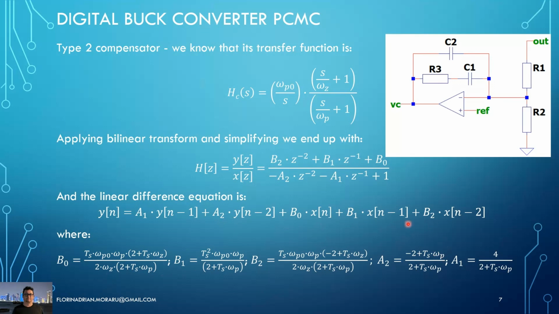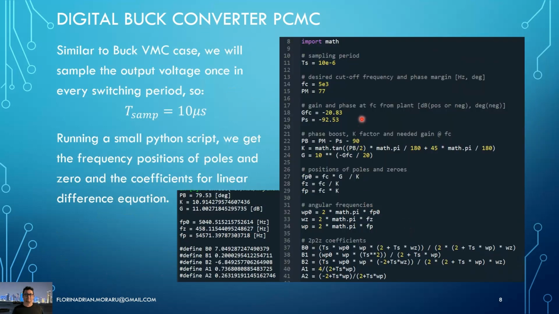And what we will do next is actually calculate this. We will make use of a very simple Python script to get those values, and then we will simply copy and paste them into our C++ file, where we have the emulated microcontroller, let's say.